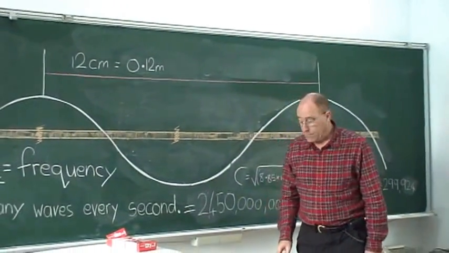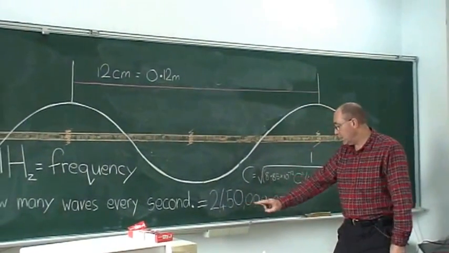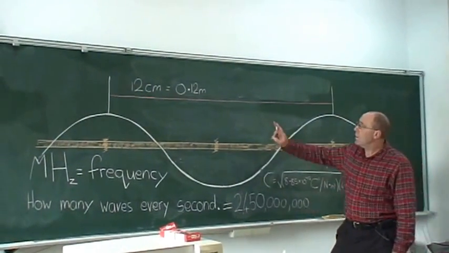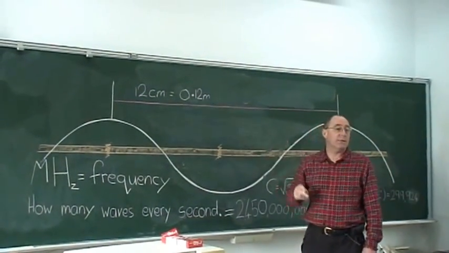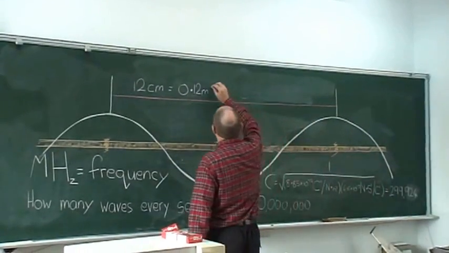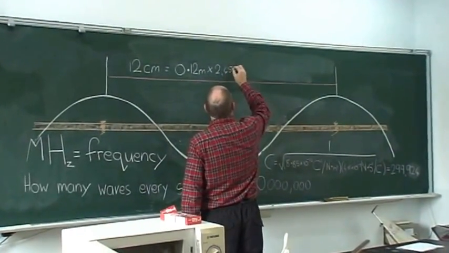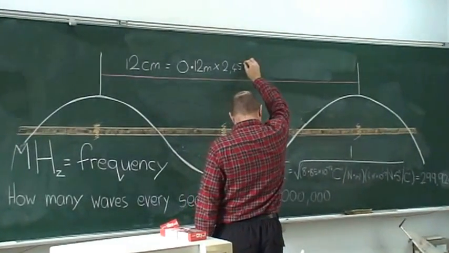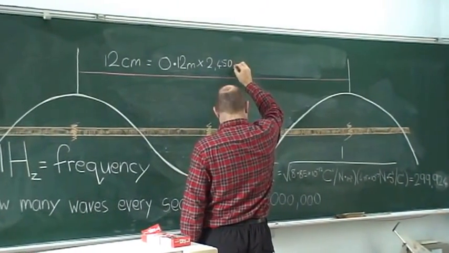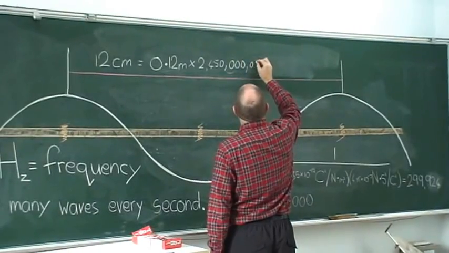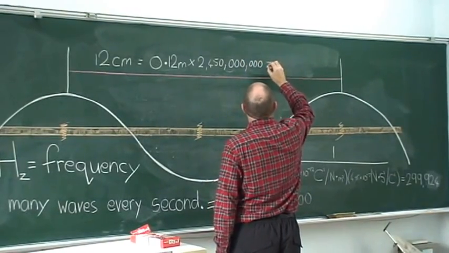Now remember this number. 24500. This is how many waves every second. There's one wave times how many every second, times 2, 4, 5, 0, 0, 0, 0, 0, 0, 0, equals.